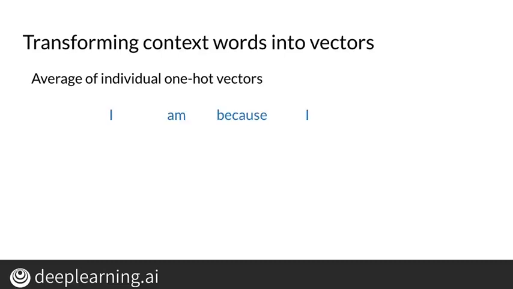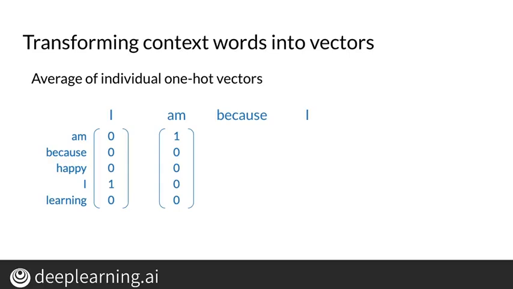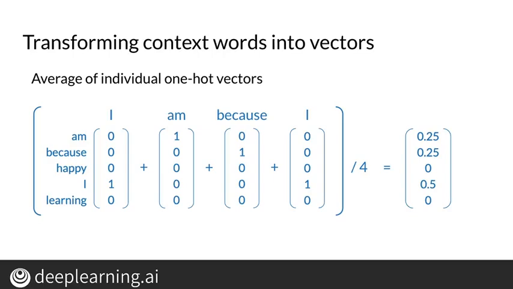For example, if the context words are I am because I, the one-hot vectors for the individual words are 0, 0, 0, 1, 0 for I, 1, 0, 0, 0, 0 for am, 0, 1, 0, 0, 0 for because, and 0, 0, 0, 1, 0 again for I. And their average is 1/4, 1/4, 0, 1/2, and 0, which yields the vector representation of I am because I, to be used with the model.